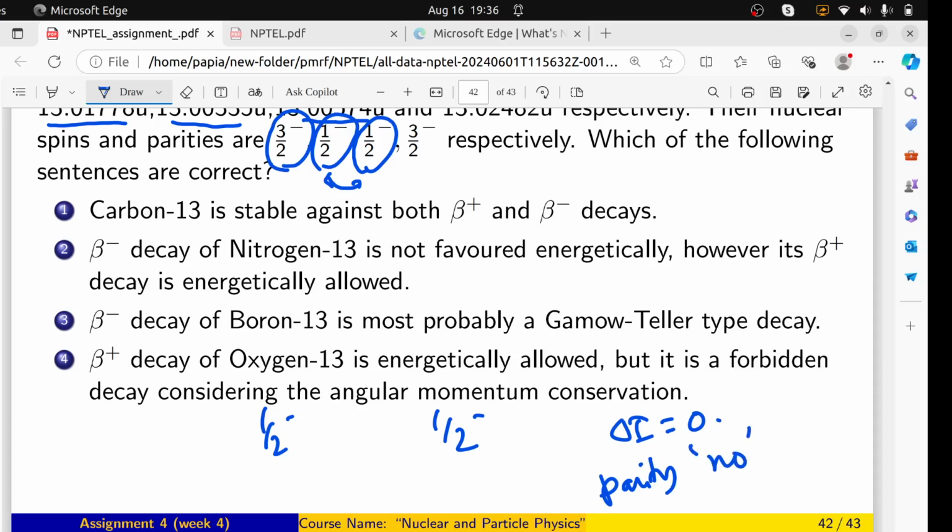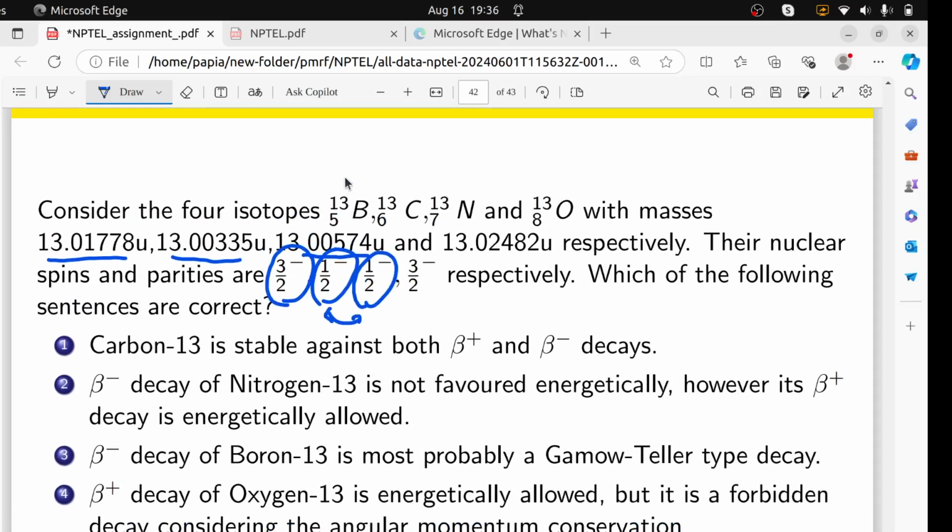So that means it is allowed under the Fermi rule. Not energetically, but stable or not, that I can tell from Iπ consideration, and it is stable for the carbon and nitrogen beta minus case. Now coming to the beta plus case.